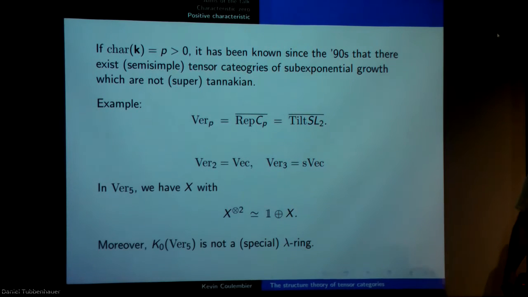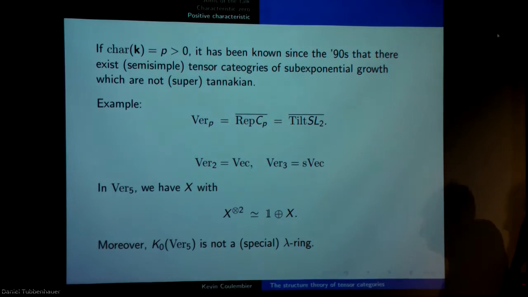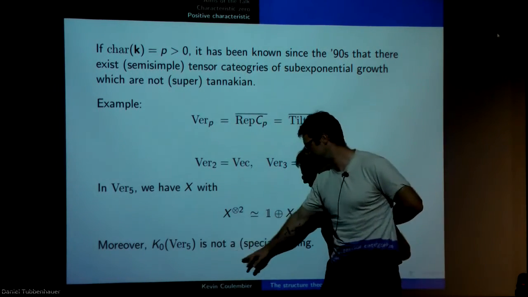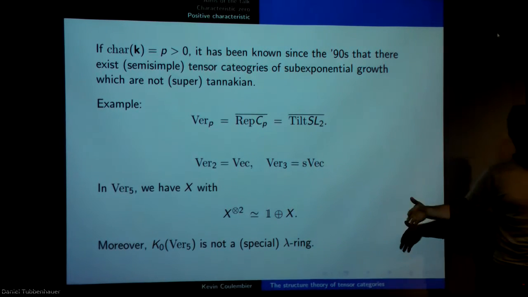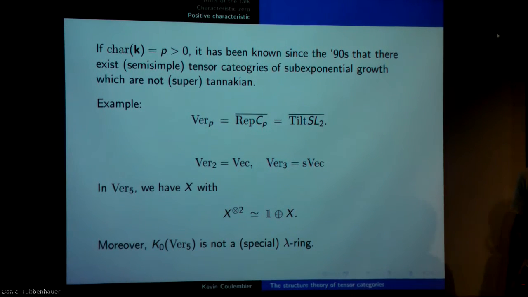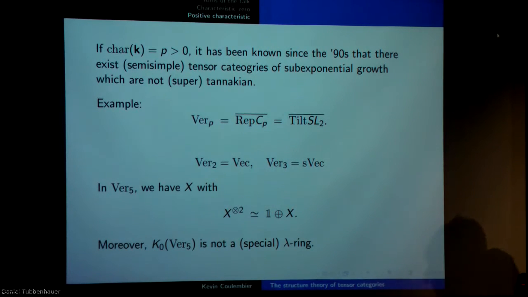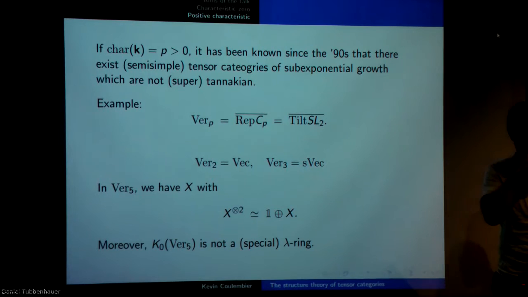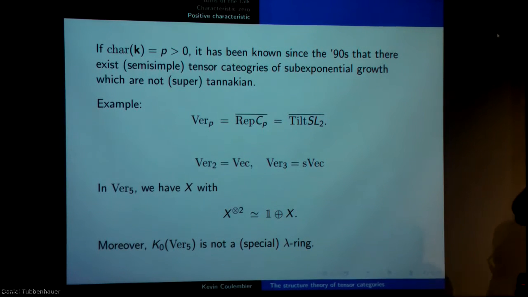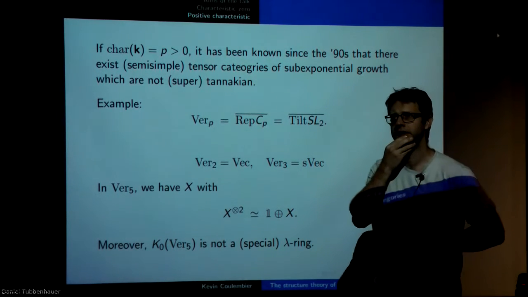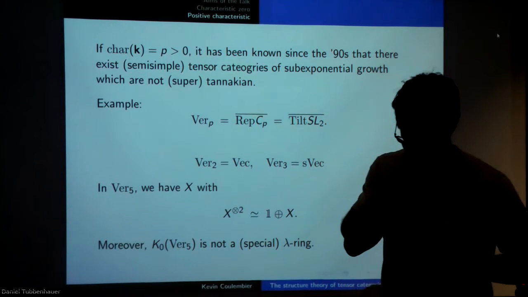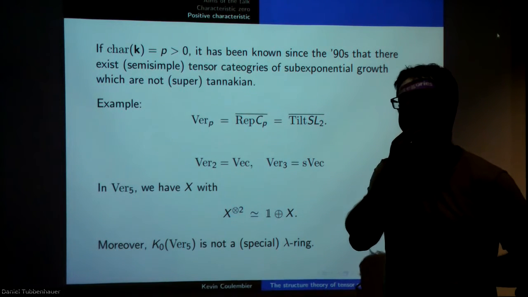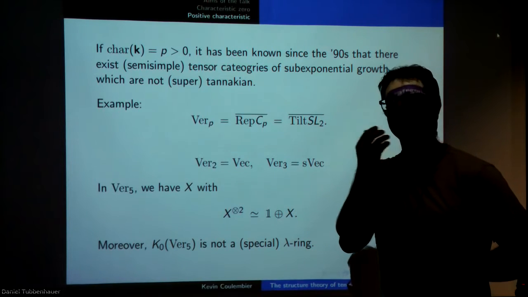You can actually also show that the Grothendieck ring of this thing will not be a special lambda ring. It's still a pre-lambda ring, but it's not a lambda ring. So that's another way of seeing it can't be super Tannakian. I've never seen a lambda ring before, but in characteristic 5 there's obviously no lambda 5?